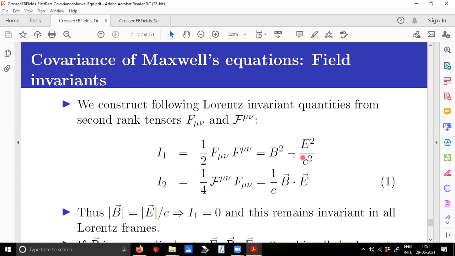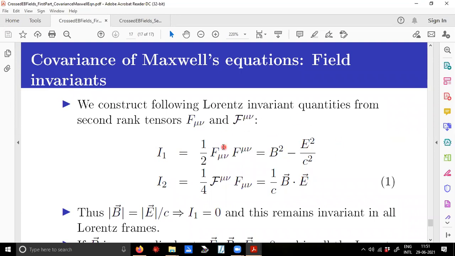Like how you found B squared, that number is going to be the same in another frame. So B squared minus E squared by c squared is going to be positive. If you had only B squared in one frame, in any other frame you will also have an electric field. So there it is B squared minus E squared by c squared.